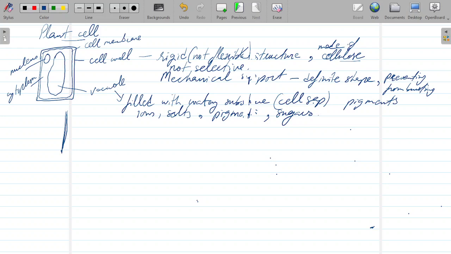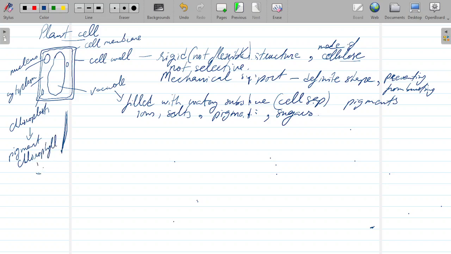One thing, you will find smaller structures called chloroplasts, and these contain the pigment chlorophyll.